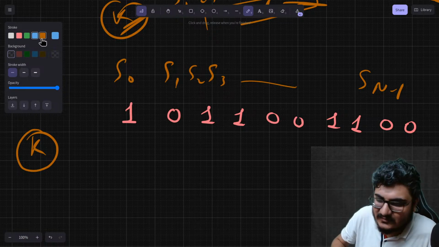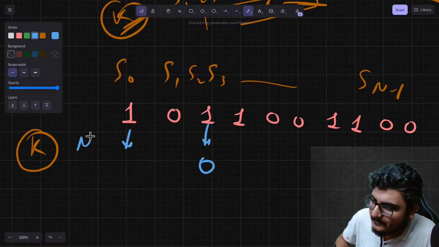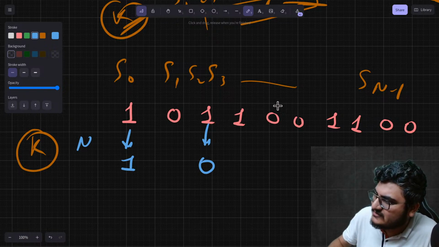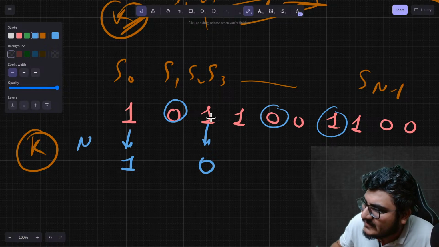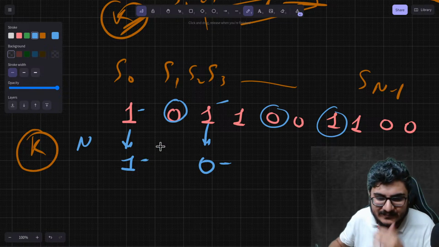And let's say you have done some modifications, and one of the modifications was changing this 1 to 0. And you did not change anything here. This one remains 1. After some modifications, in one of the operations you have changed this 1 to this 0, but this one still remains 1.